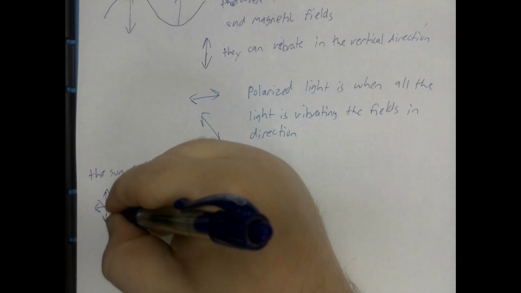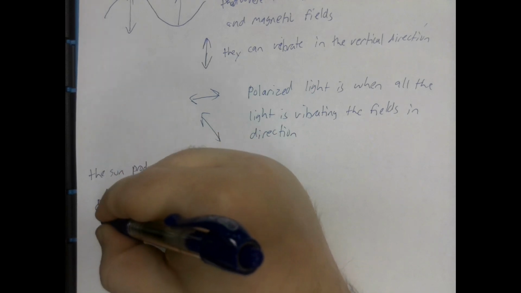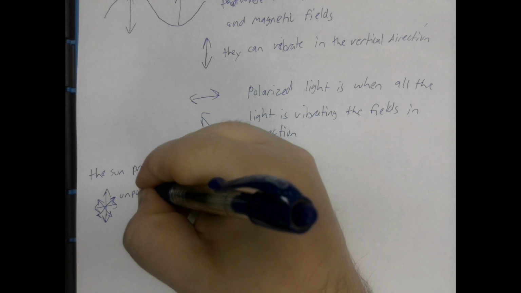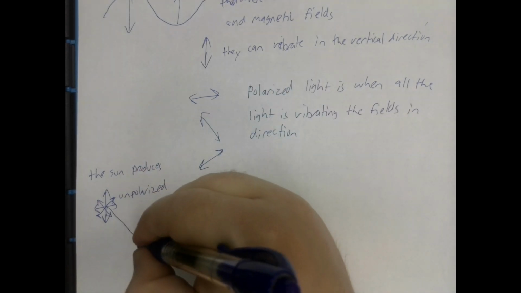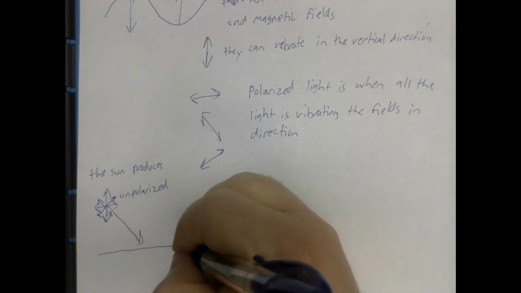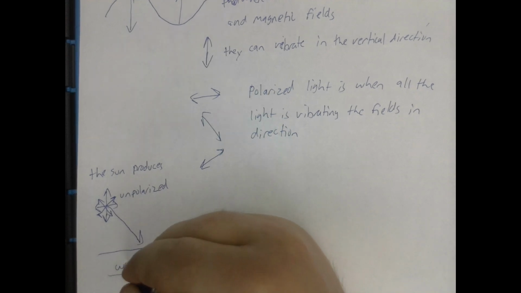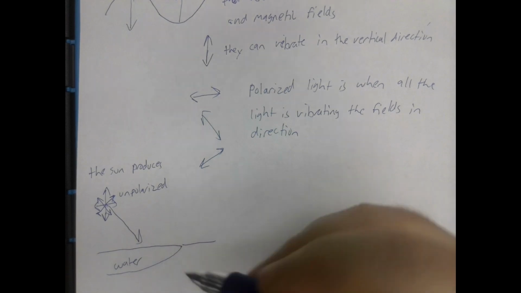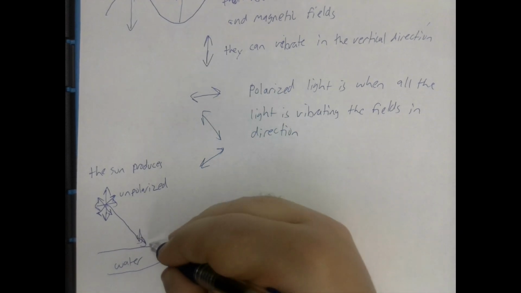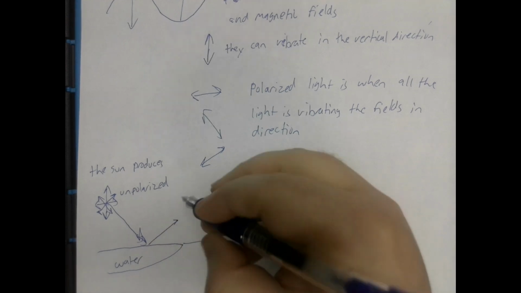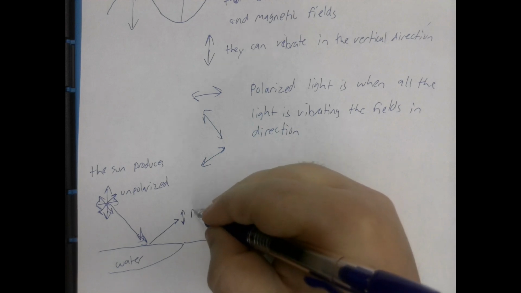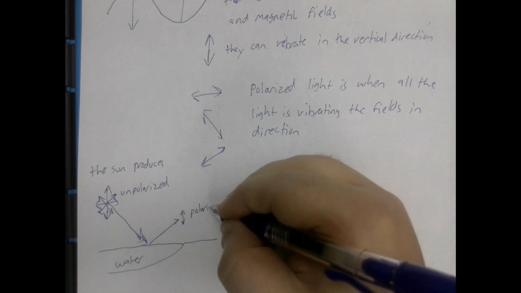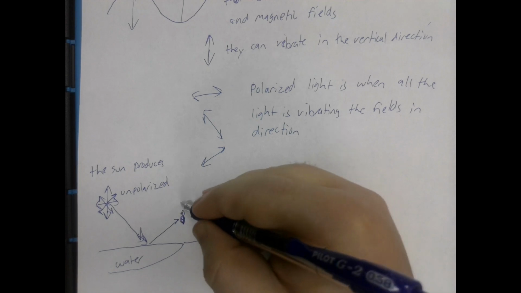That means it can be in any single direction. And if we had a body of water and light strikes the surface, more than likely the reflected light is going to be all in one direction. And I think it's going to be horizontal.